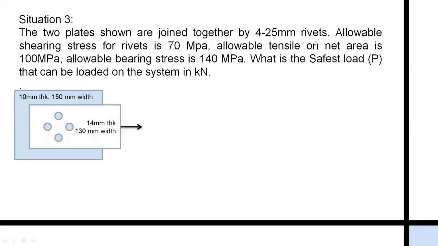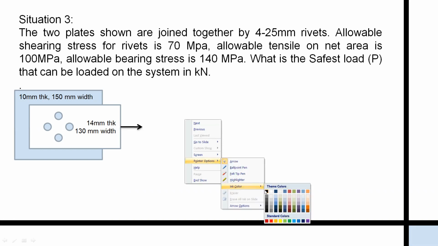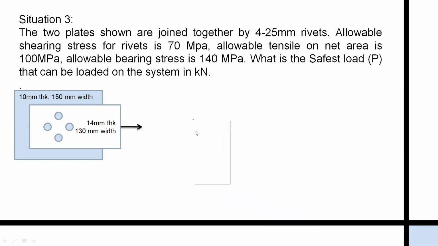Now let us consider shearing in our bolts or rivets. So our shearing on bolts or rivets has an allowable shearing stress of 70 megapascals. So again, for shearing, our P is the allowable shearing stress multiplied by the area of shear.